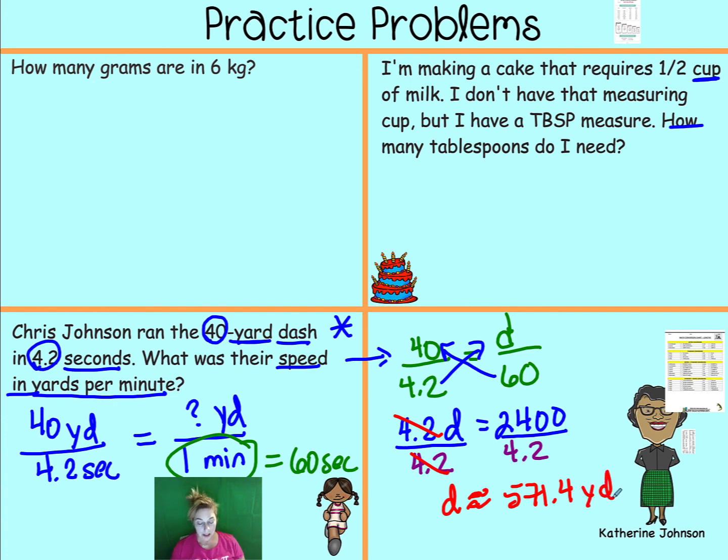So that means if I went, or somebody else went, because I could never run this fast, if it took me 4.2 seconds to go 40 yards, then running at the same pace for 1 minute would give me a distance of 571 yards. And remember, a football field in the United States is 100 yards. So that would be over 5.5 football fields. Well, it would be about 5 football fields, because remember, you got the end zones.